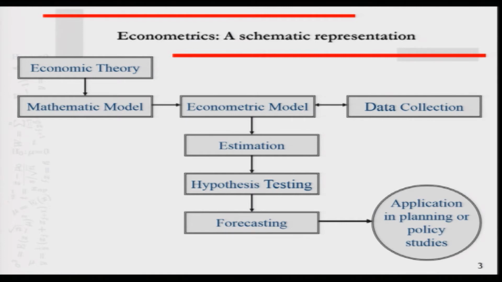So basically you know that there is a universe, a population over which an economic theory may or may not hold, but you do not have time and money to collect data from the entire population, right. So you draw a sample, and then from the sample you try to draw statistical evidence whether your economic theory is valid or not.